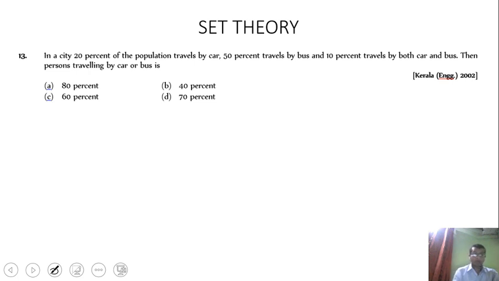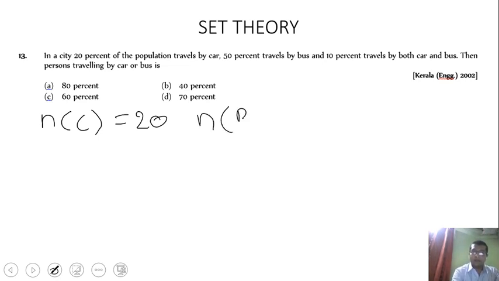C stands for car, so n(C) equals 20. Next, 50% travel by bus, so B for bus, n(B) equals 50.